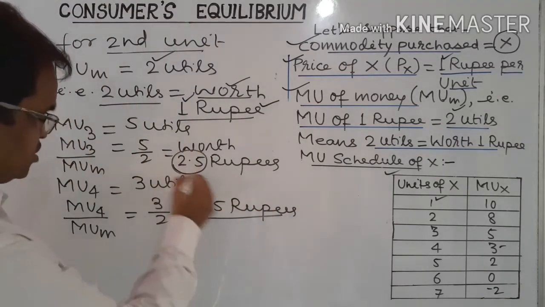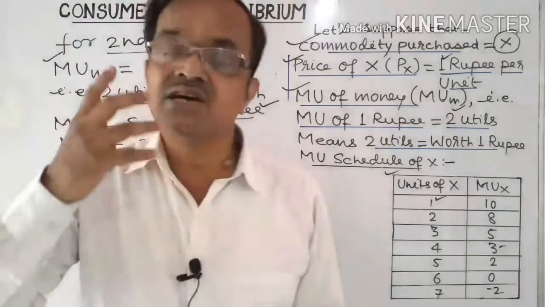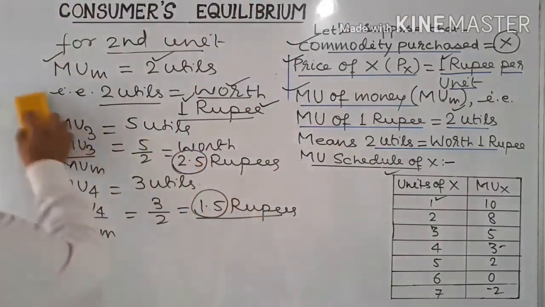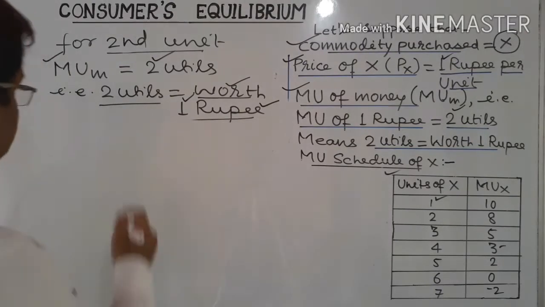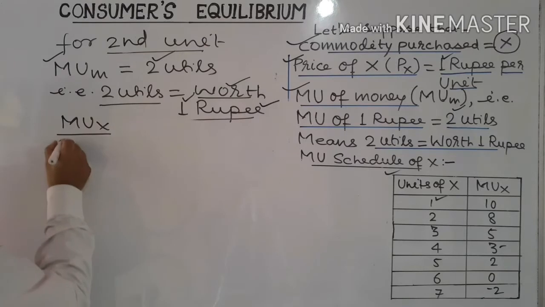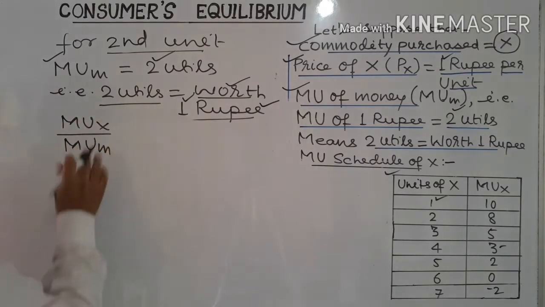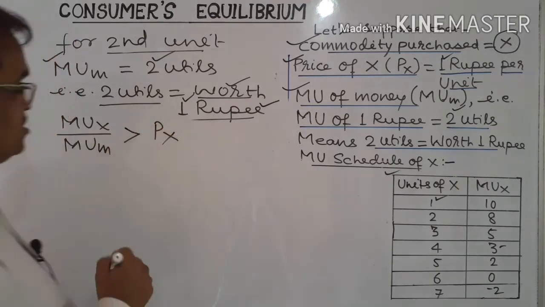In both the situations, again the consumer is getting more than what the consumer pays for the third or the fourth unit. Then what is the observation here? Again the same observation is there, that is the marginal utility of commodity for that unit divided by the marginal utility of money. In both the situations it is more than the price paid.